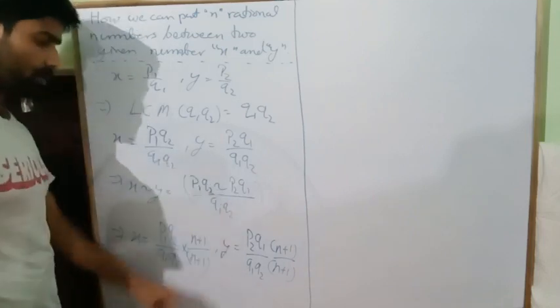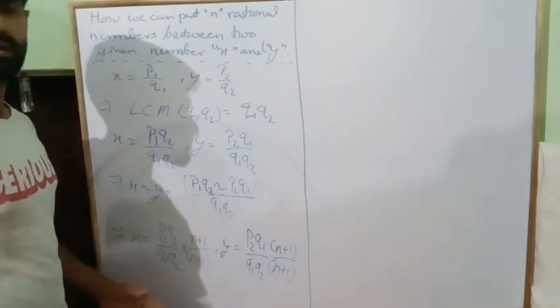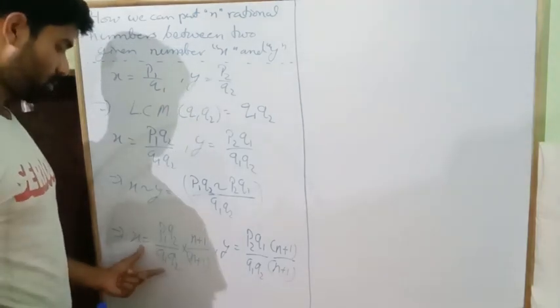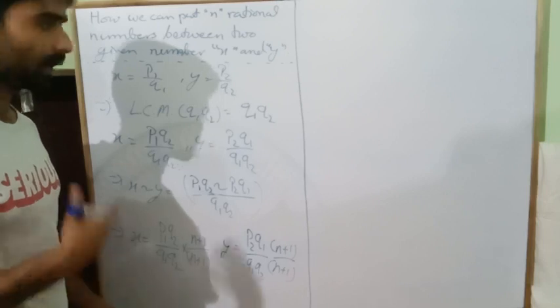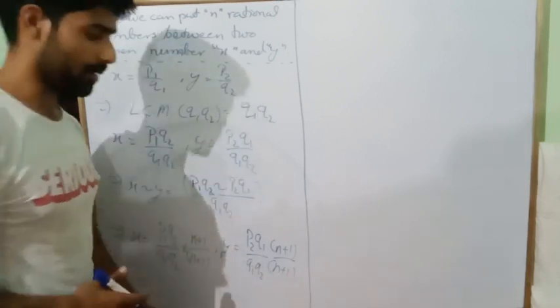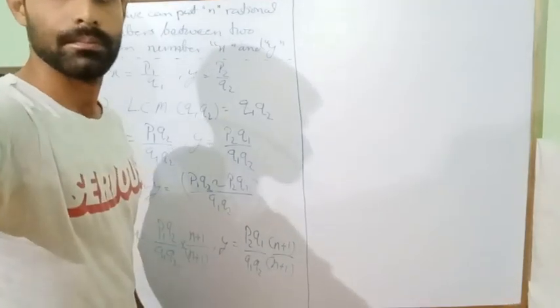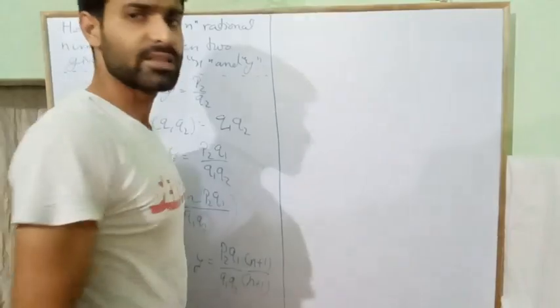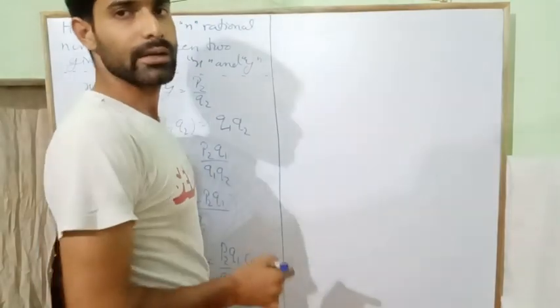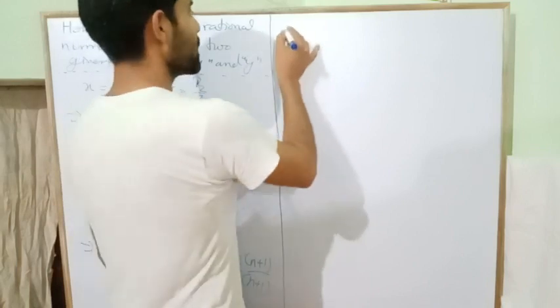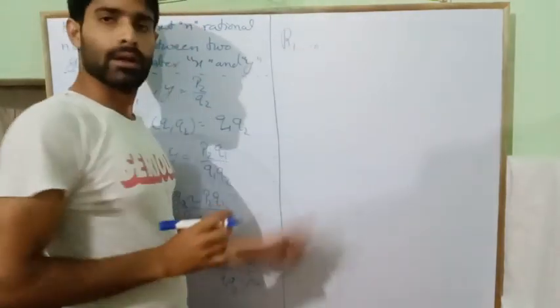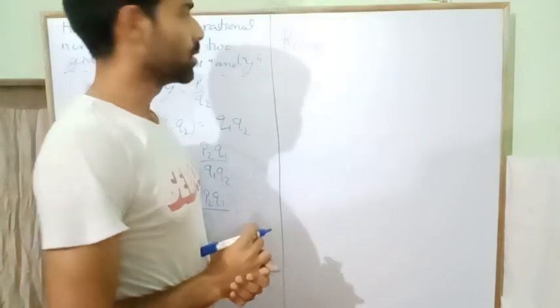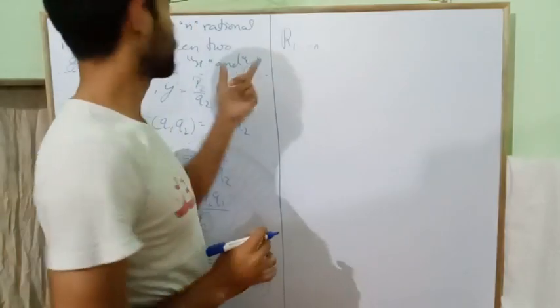Therefore the next thing is to find the rational numbers which we have to introduce between x and y. Let us consider that r1, dot dot dot, rn are the n rational numbers which have to be put between x and y.